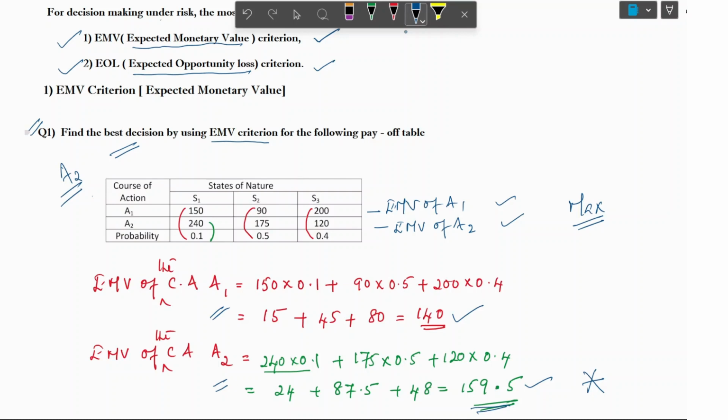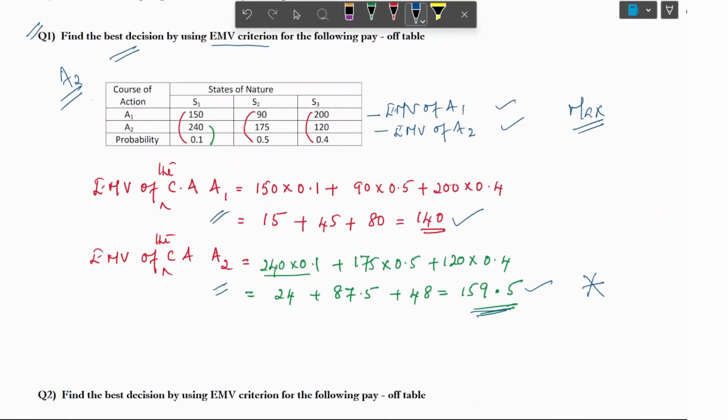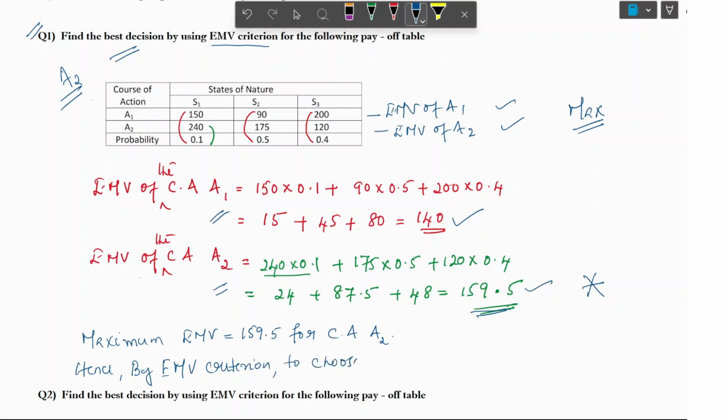Therefore, after these two steps, you will write maximum EMV equal to 159.5 for course of action A2, hence by EMV criteria, to choose the best course of action is it.